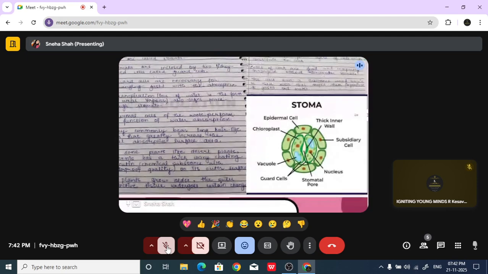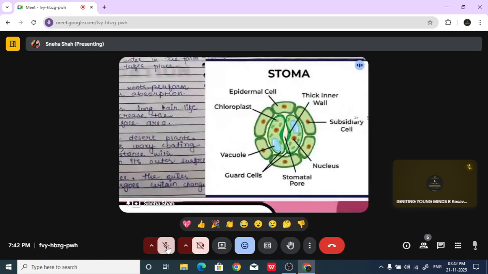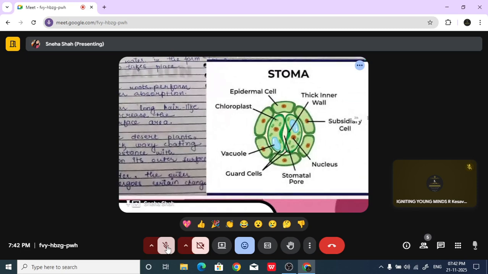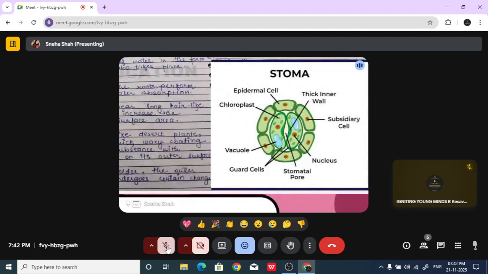Now, why are stomata so important? If you look at this diagram, this is a single stoma. Singular is stoma and plural is stomata. As you can see, the label says guard cells. What do they do?